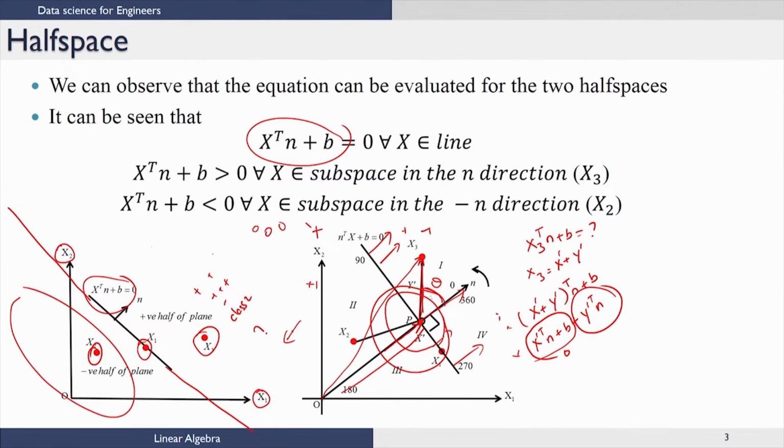So, for this quadrant, if you start with 0 here, the angle is going to be between 0 and 90, and for this quadrant the angle is going to be between 270 and 360. So, if a point is this side, the angle between this vector and this normal is going to be between 0 and 90, and if the point is in this side, the angle is going to be between 270 and 360.